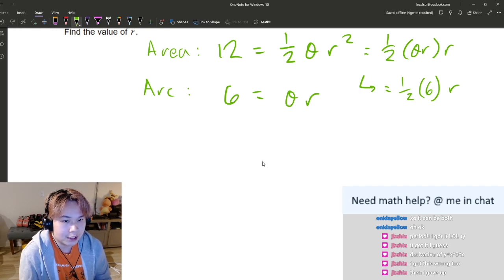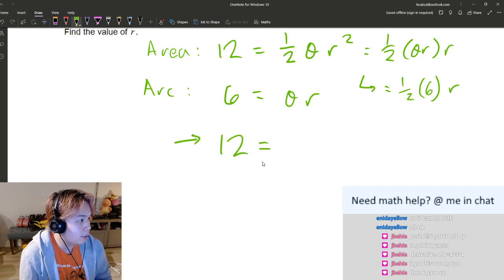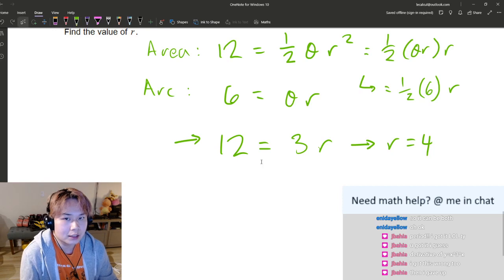So then we have this equation for r. 12 is equal to 1/2 times 6 is 3, so 3r. So r has to be 4. And then we're done.